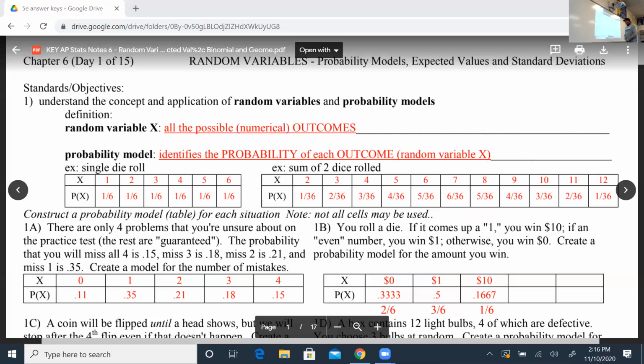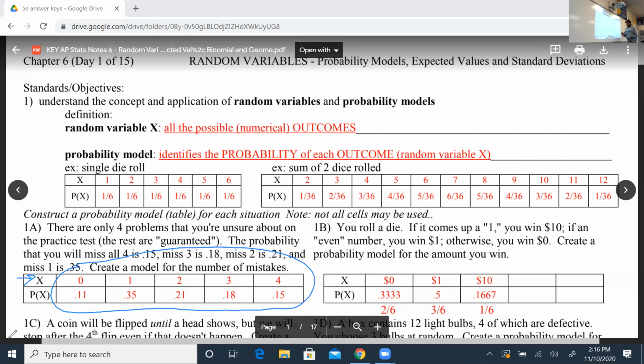Create a model for the number of mistakes. No problem. I'm sure you can just go ahead and read that prompt and be able to put that here. Remember, X is the event itself, and P of X is the probability of that happening. And again, that's a very, very easy model to understand.